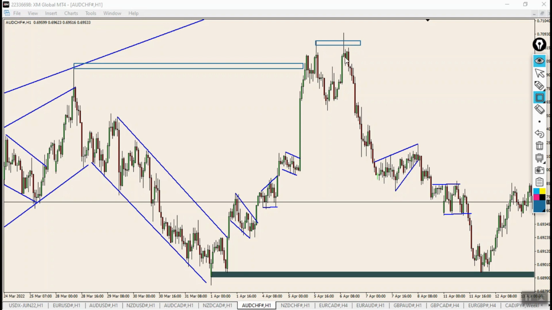Not only that, but it printed out a nameable pattern, which is a high test, and confirmed by printing out these bearish candlesticks here. This is a high probability setup, a fantastic double top, in which, as you can see, the market did drop for quite some pips. So yeah, let's move on to the next example.